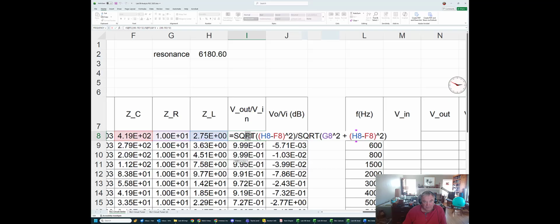Oh, that's here. And then I just copy pasted this part and then added the Z of the resistor. Notice there are no dollar signs because I'm picking up the values out of these columns here.